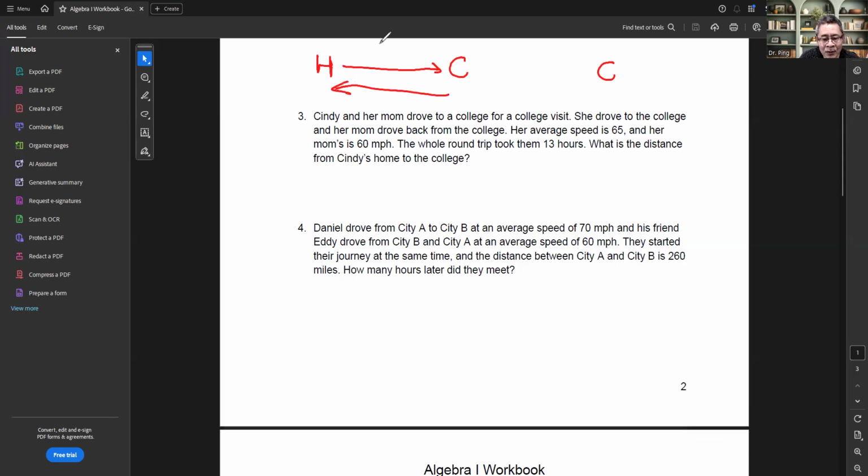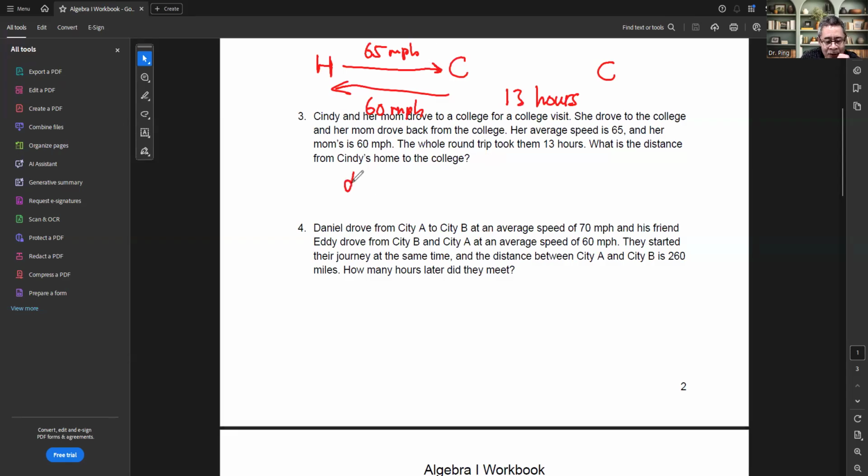Her speed going is 65 miles per hour, and coming back is 60 miles per hour. And we also know the total time is 13 hours. So it's very good to write it out, and you see that helps you to set up.